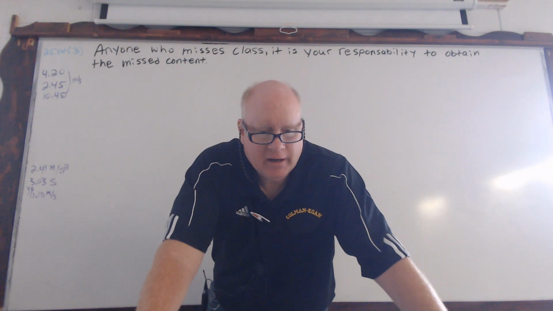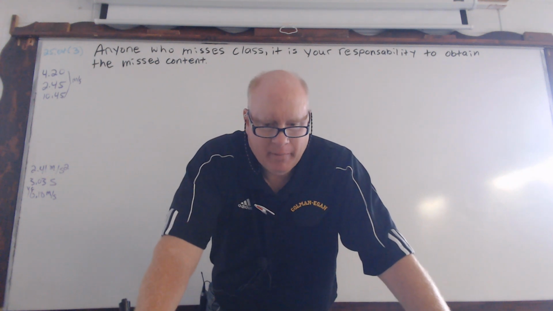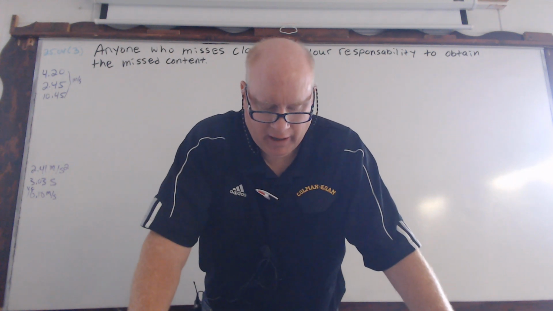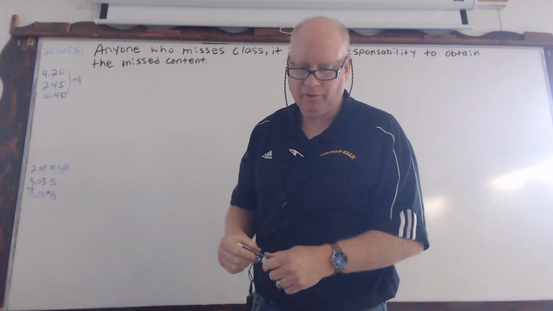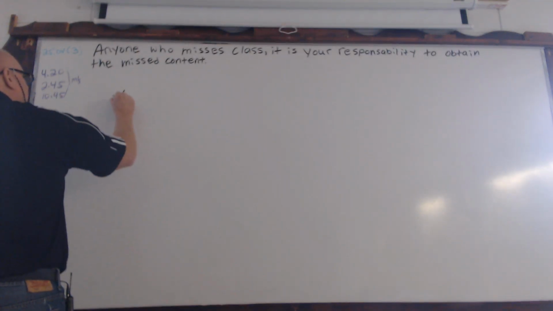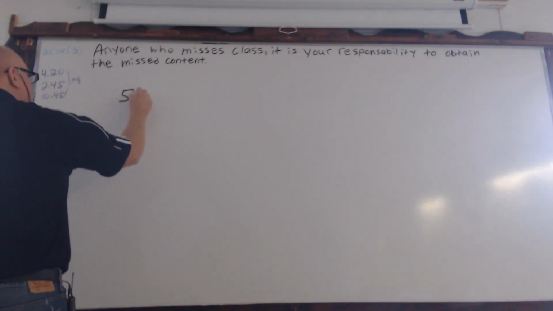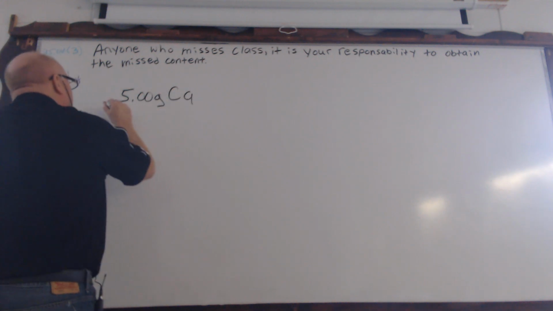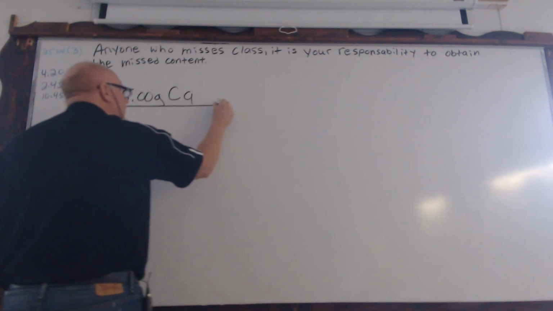Notice in the top set of problems, this is asking for the mass. You're starting with moles. Here, you're starting with a mass and you're finding moles. You're just going in the opposite direction. So you have 5 grams. How do we cancel grams in our next step?